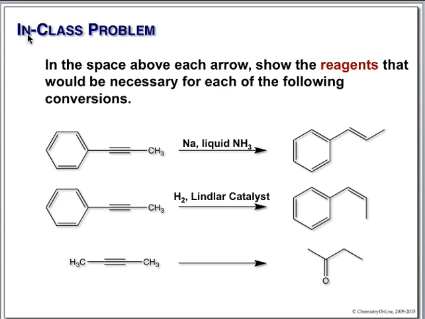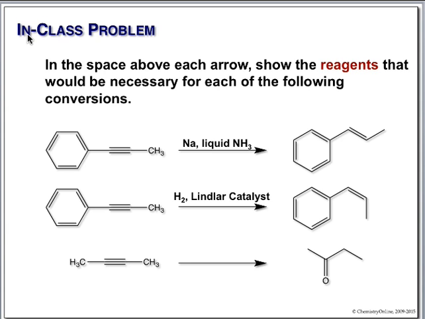And our next one here, we are taking an alkyne and simply making a ketone. This is symmetrical. Don't have to worry about regiochemistry. We simply have to hydrate our triple bond to form an enol. There are two ways we know to do that. We could do aqueous acid in the presence of mercury 2, or we could do hydroboration oxidation.